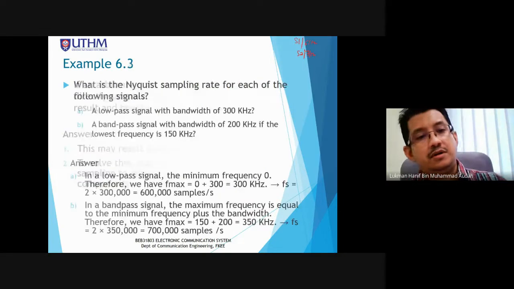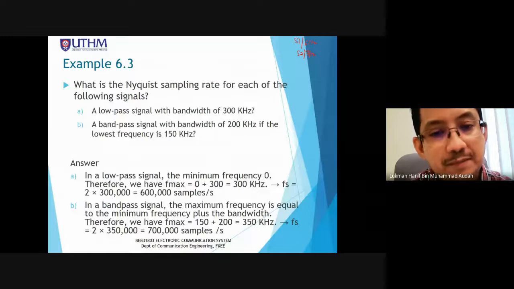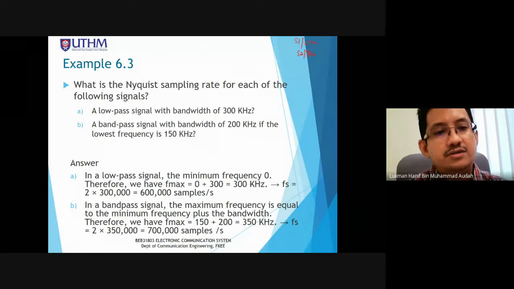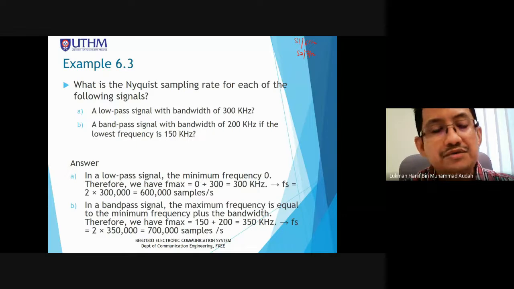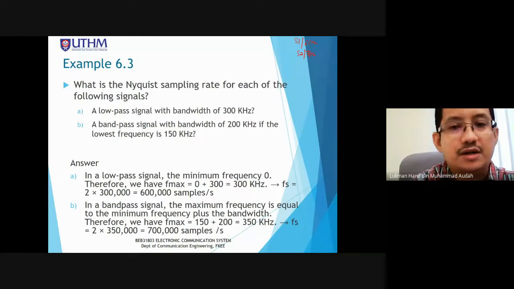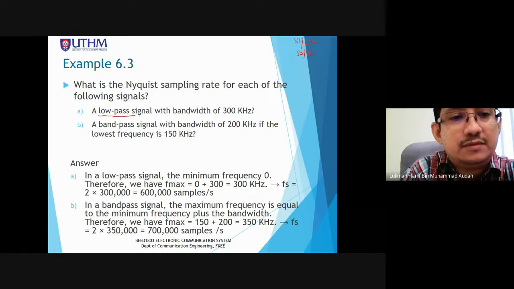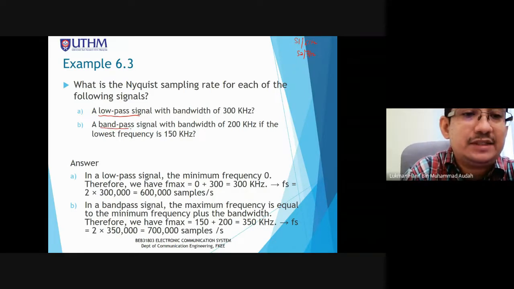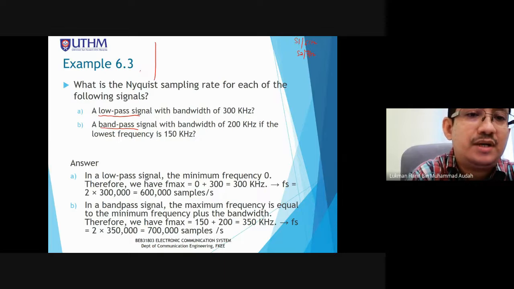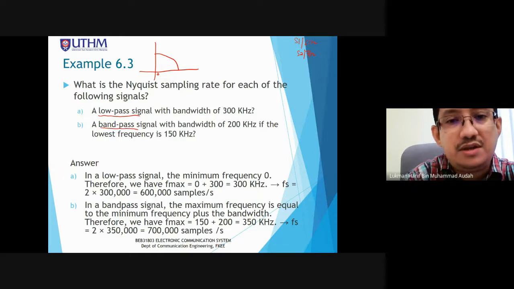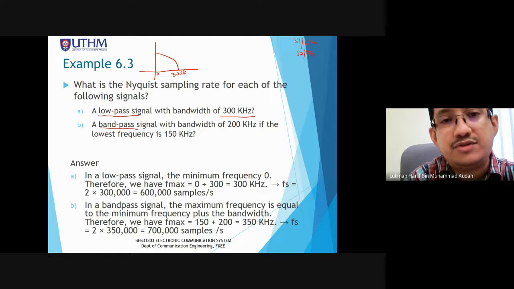Okay, and then example 6.3. Okay, this is about again sampling rate. Ini berkenaan dengan sampling rate. You are given a low pass signal and also a band pass signal. So remember that low pass signal starts from 0 until the maximum frequency. So in this case, you are given 300 kilohertz.